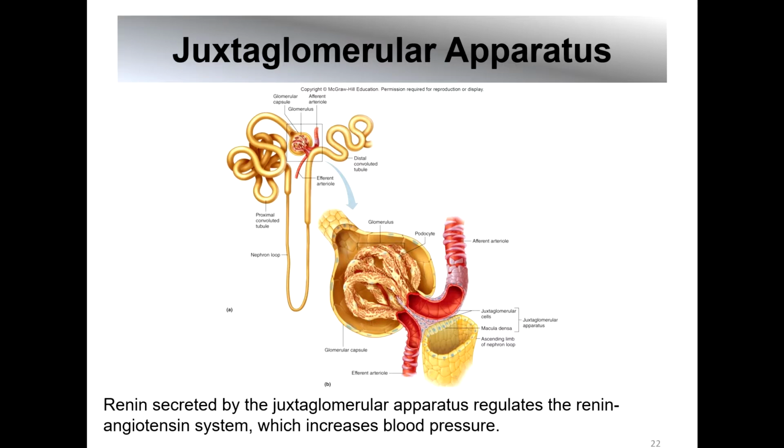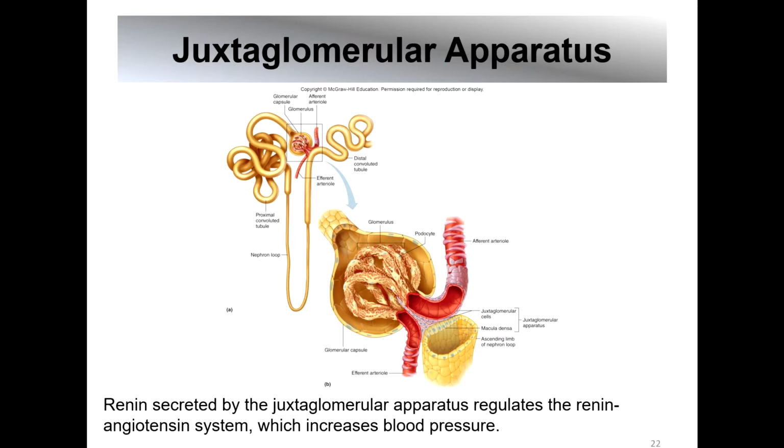And so they're going to detect blood pressure, basically also salt content. And salt, of course, is closely related to blood pressure, right? And so if blood pressure drops, they will release renin.